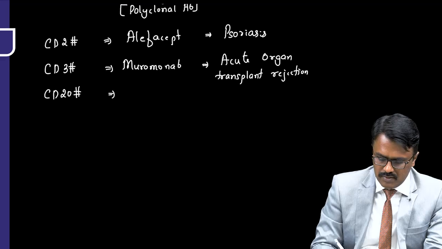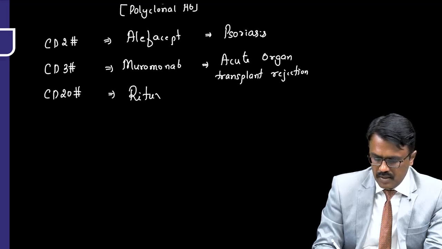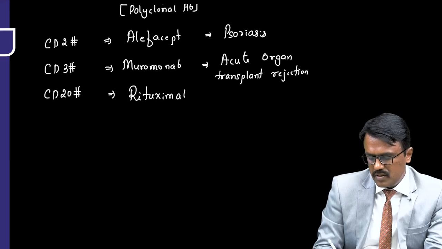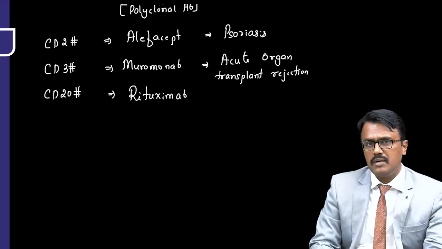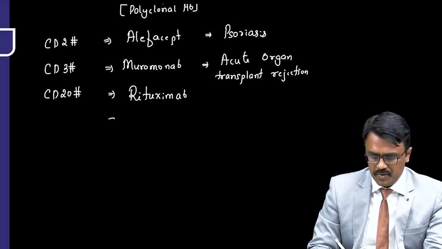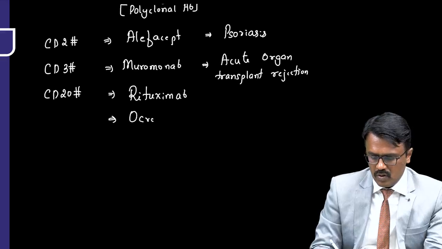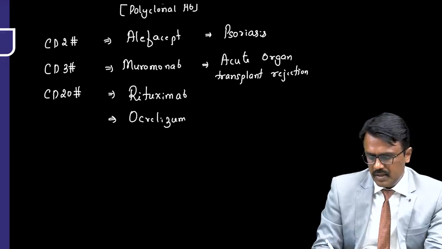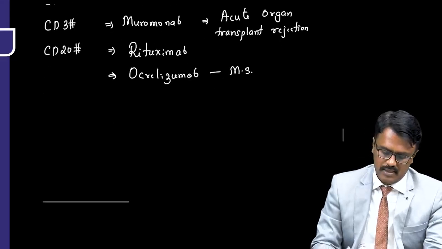We have discussed rituximab. We use it in autoimmune disorders like rheumatoid arthritis and myasthenia gravis. It is also used in non-Hodgkin's lymphoma. One more is ocrelizumab, and that is used for multiple sclerosis.